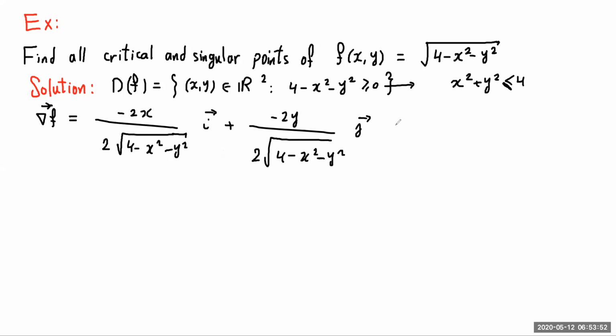Okay. If we put this equal 0 to find the critical points, we will have x0 and y0. So we have this point, let's write in red here, the point (0,0) is a critical point.